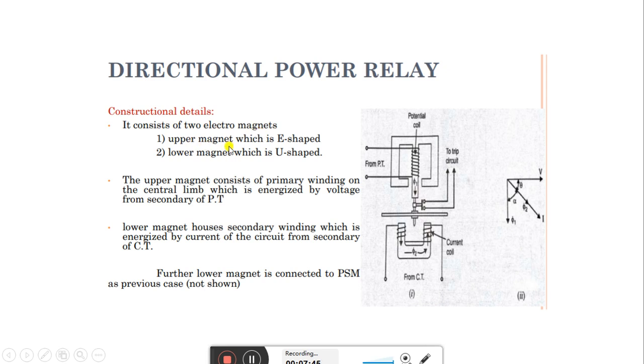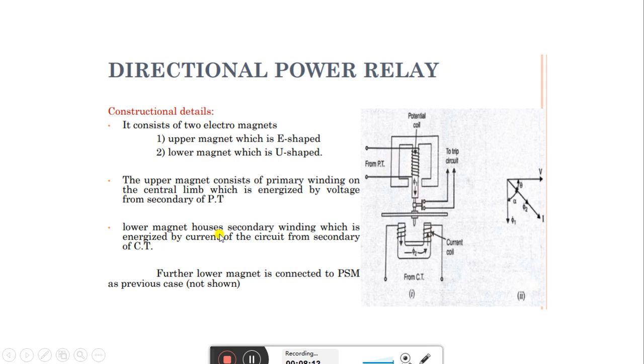The first is the upper magnet, which is E-shaped, and the second is the lower magnet, which is U-shaped. The upper magnet has a primary winding on the central limb, which is energized by voltage from the secondary of the PT. We have already discussed this.